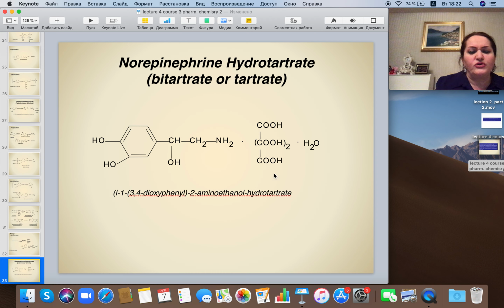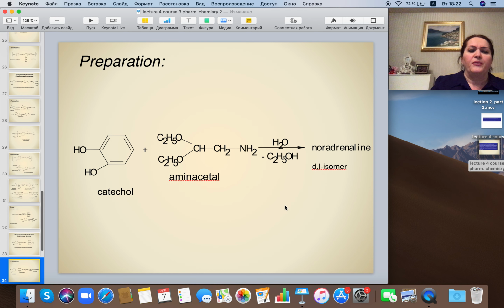You can see also the chemical name of norepinephrine: L-1-(3,4-dihydroxyphenyl)-2-aminoethanol hydrotartrate. When we speak about the preparation, you must say that this preparation is received from catechol as epinephrine, reacts with aminoacetal, forms norepinephrine, the L isomer of norepinephrine.